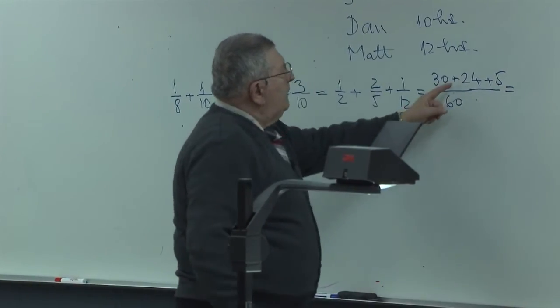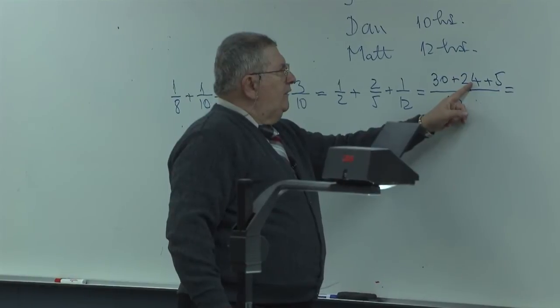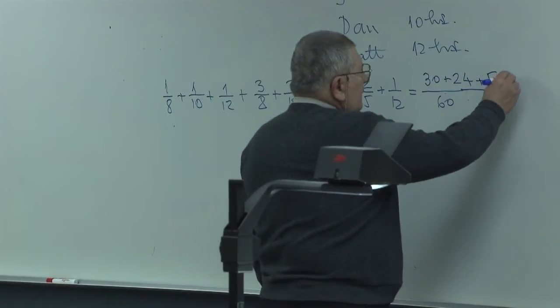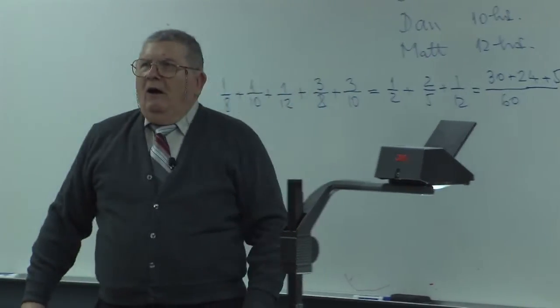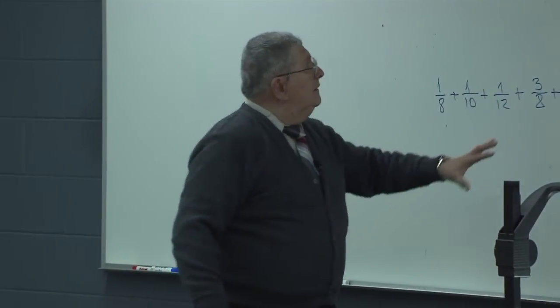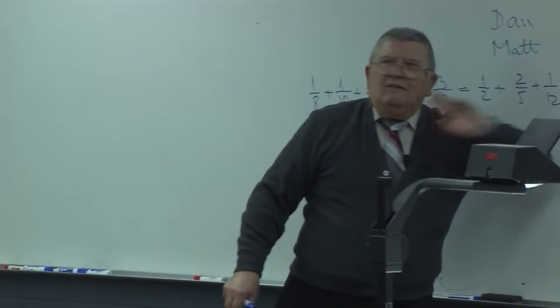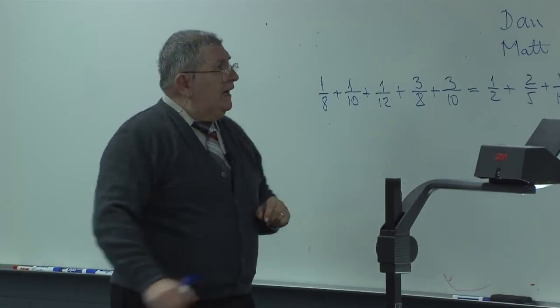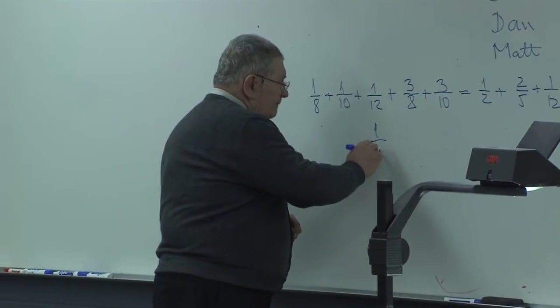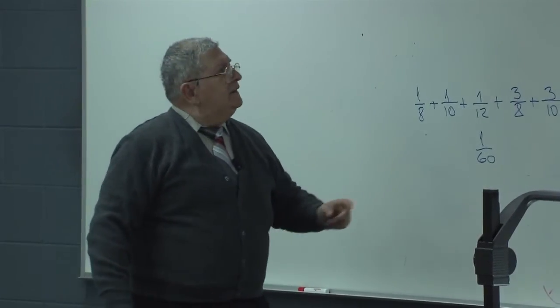30 plus 24 is 54, plus 5 is 59 over 60. So after Jim left, 59 over 60 of the job was done, so what remained to be done is 1 over 60.